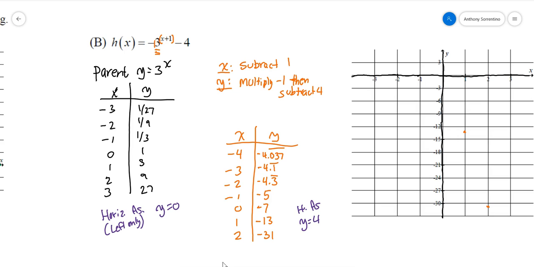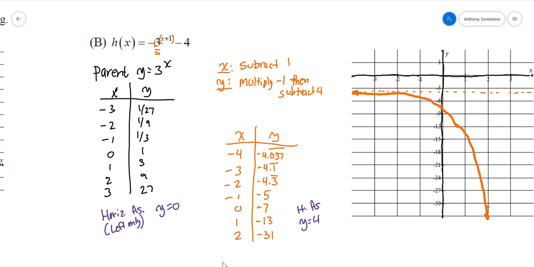We'll say is roughly about here. 0, -7 is about here. -1, -5 is about here. y = -4, as far as an asymptote goes, would probably be right about here. Should help me figure out how to get this graph going correctly, because I would expect that it's following this and it starts branching down as well.